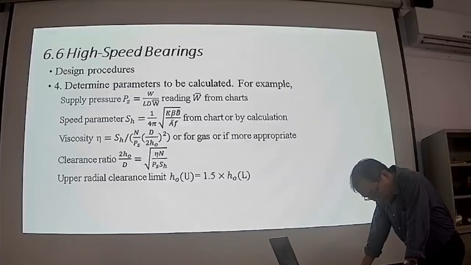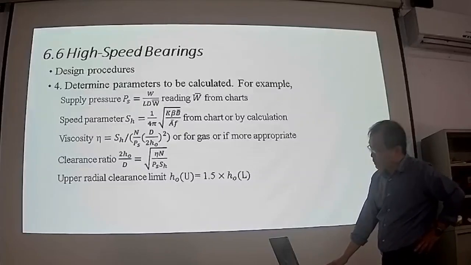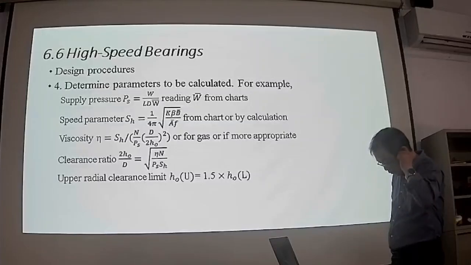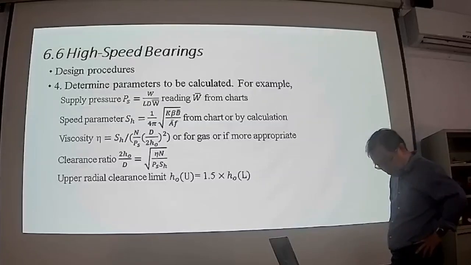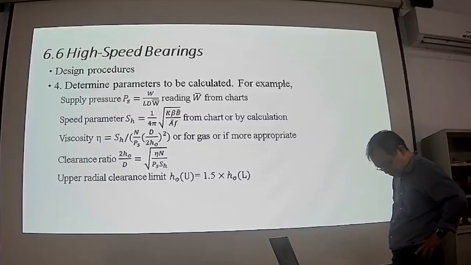So power ratio K equal to 3. And step 4 is here for the determine the parameters to be calculated. So the first one is the supply pressure or the speed parameters, or the viscosity, or even the clearance ratio, or the upper radial clearance limit.